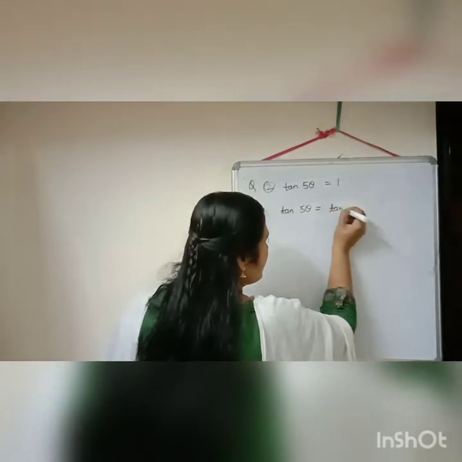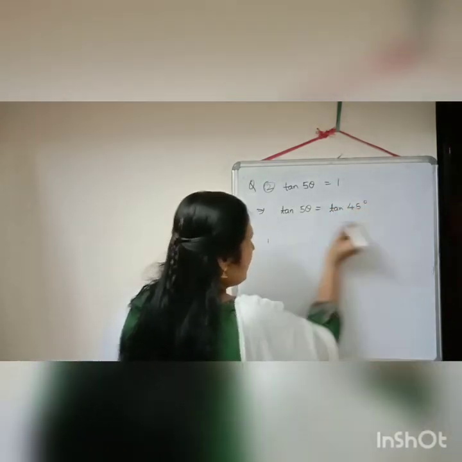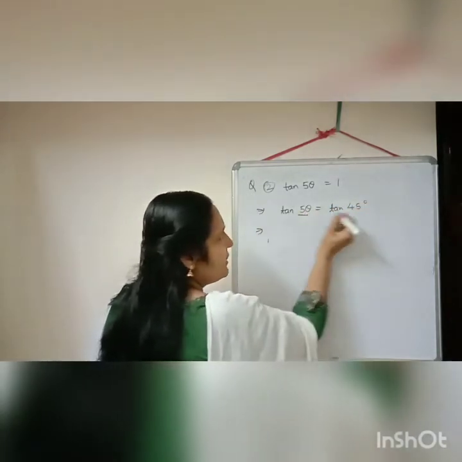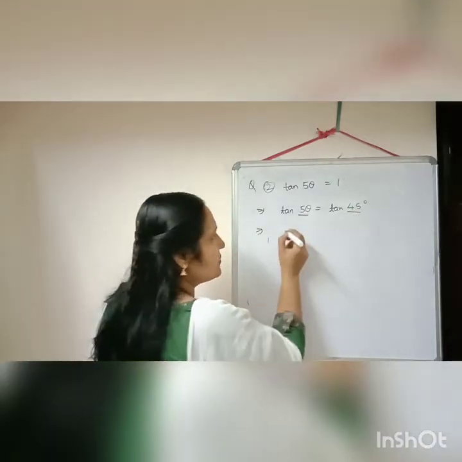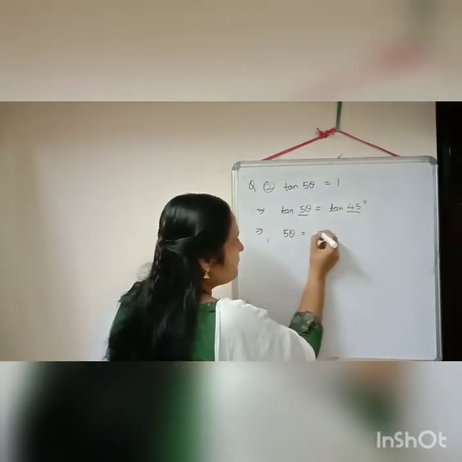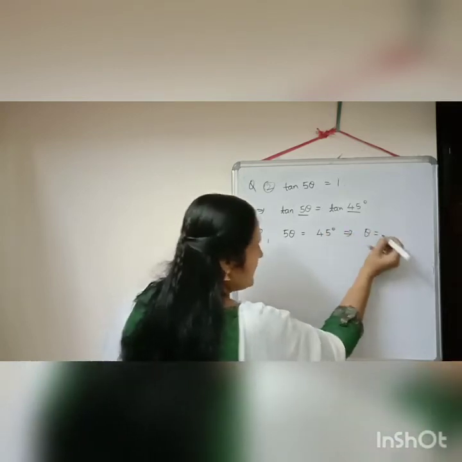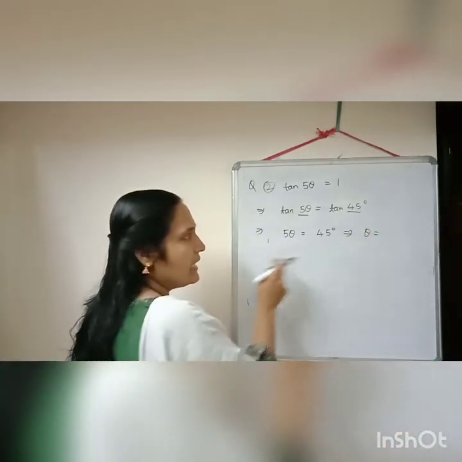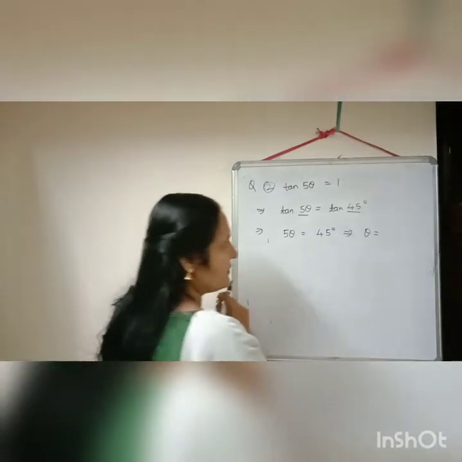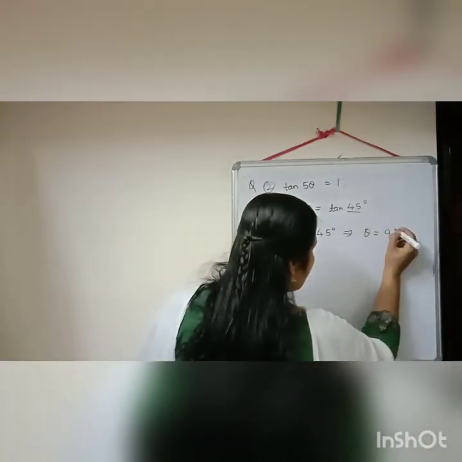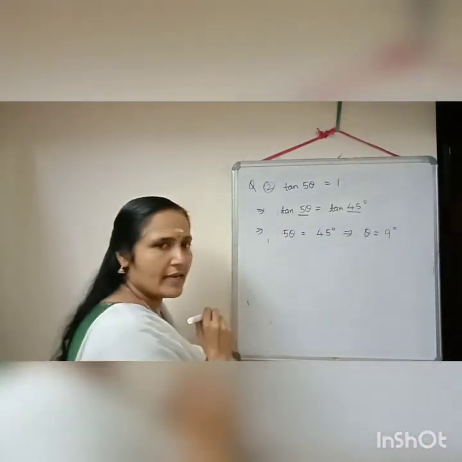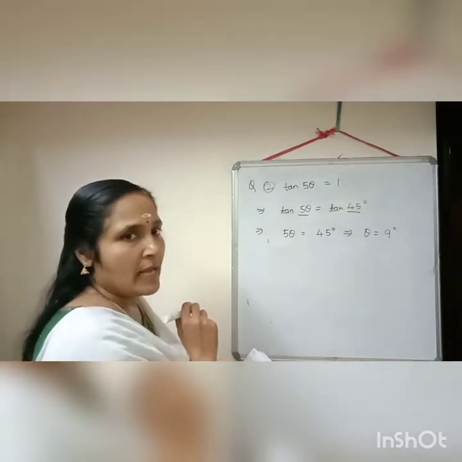So here we will write tan 45 degree. Now we can equate the angles only. So we will get 5 theta is equal to 45 degree, and from here theta will come 45 divided by 5, and 45 divided by 5 is 9 degrees. So we will get theta is equal to 9.